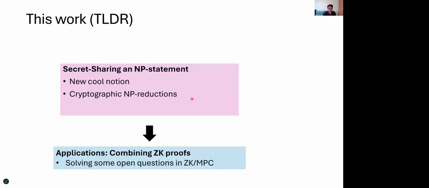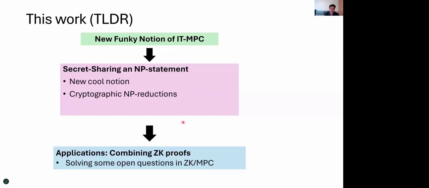Then we're going to show that you can use this notion in order to get a very strong form of zero knowledge combiners, and even use it further in other contexts and get several applications in the domain of zero knowledge proofs and secure multi-party computation. And finally, we'll show how to realize this creature based on a new funky notion of information theoretic MPC that we'll present. So this is the high-level plan.